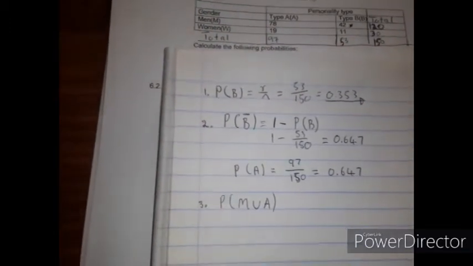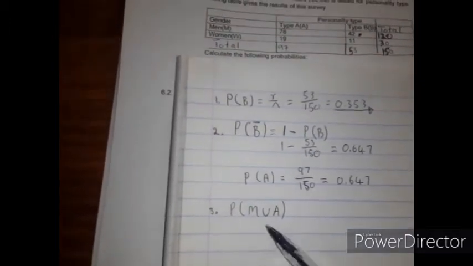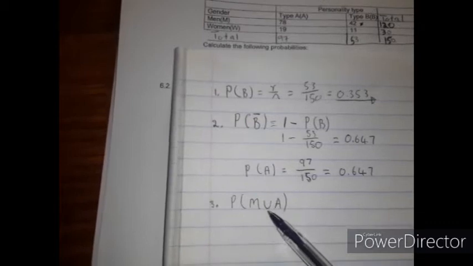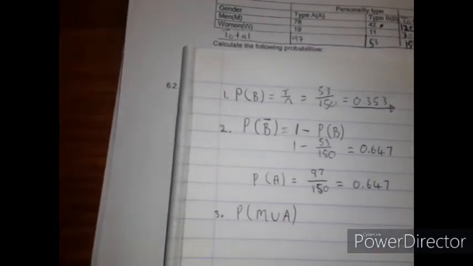This probability is the union of events. The key word is "or". This sign means or, and the counting rule is an addition rule.